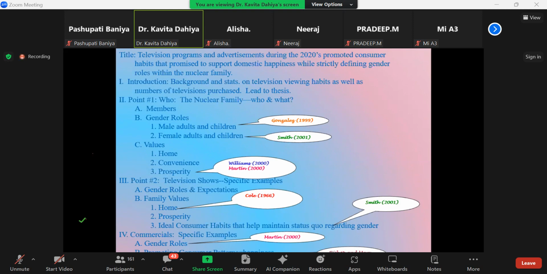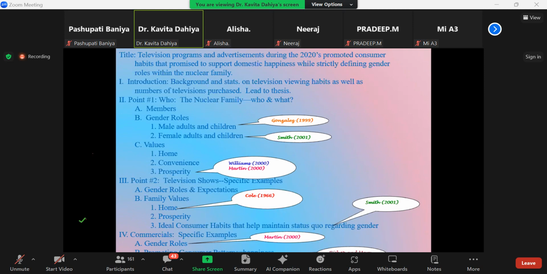First of all, you need to give the introduction, where background and stance are represented, and major points need to be presented first of all: who, members, gender role, values, all these need to be clearly stated.